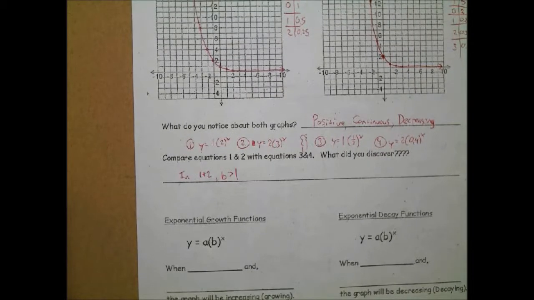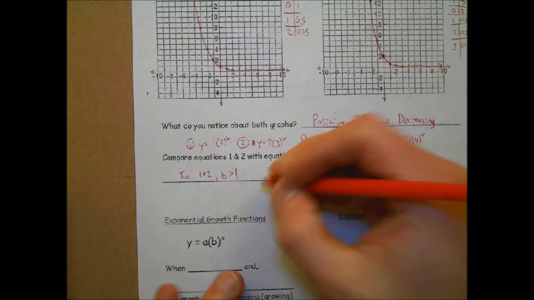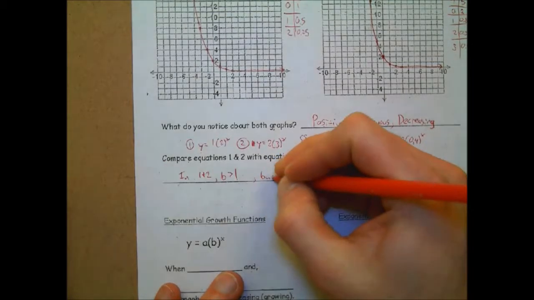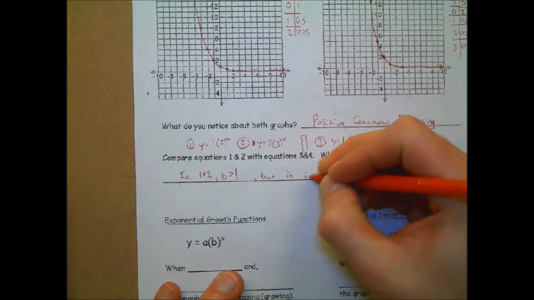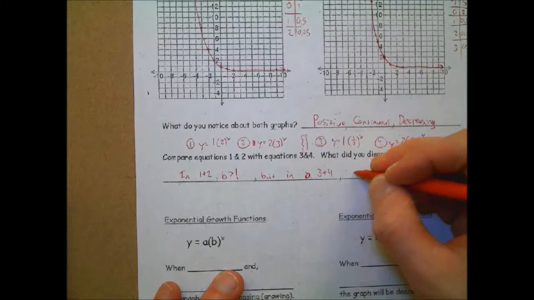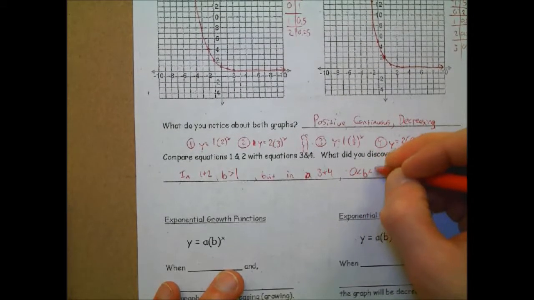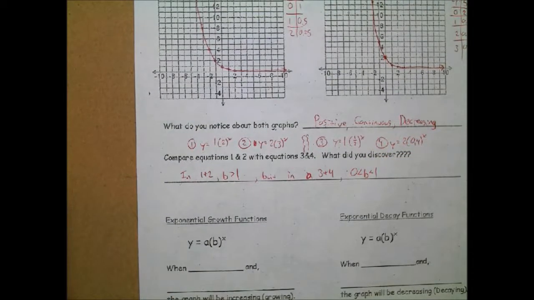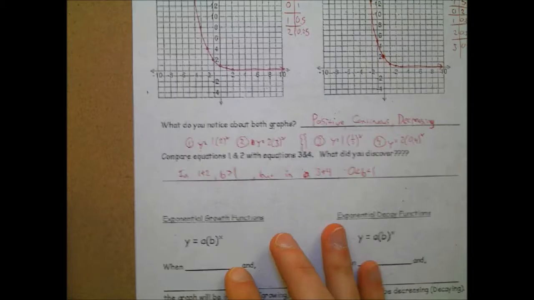They're fractions, and specifically, in 3 and 4, 0 is less than b is less than 1. In other words, the b values in 3 and 4 are between 0 and 1.